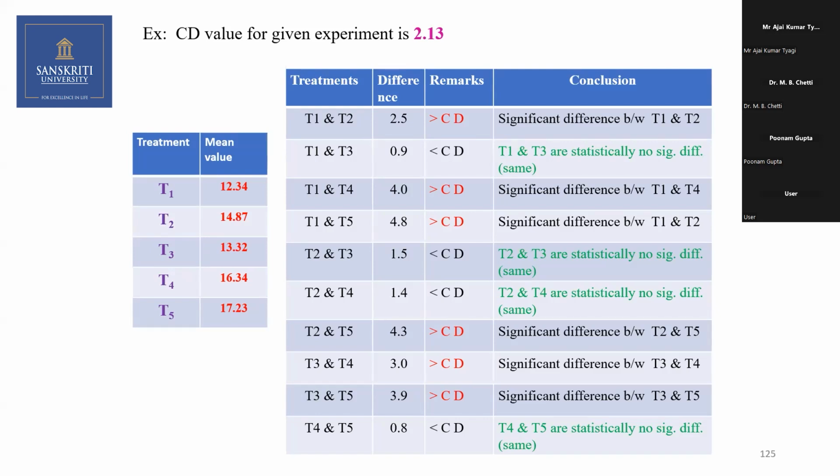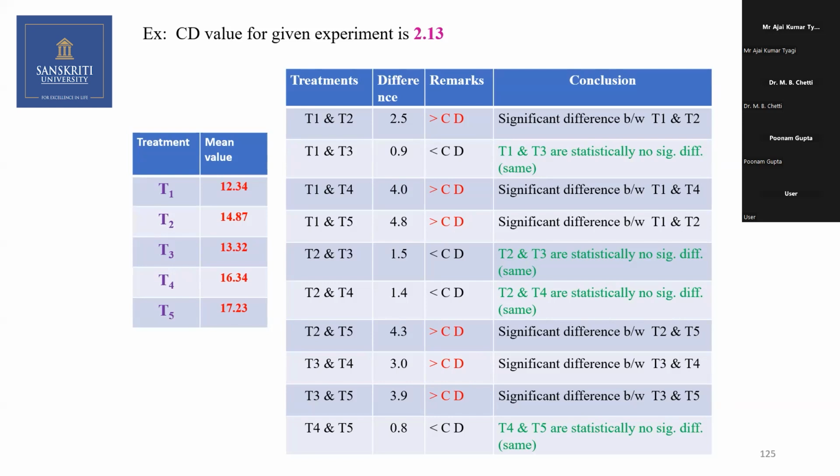Only T1 differs from T2, T1 differs from T4, T1 differs from T5. But T1 and T3 are on par with each other. Similarly, T2 and T3 are on par with each other. They are not statistically significant. Whatever difference is there is just due to chance factor. Similarly, T2 and T4 are also on par with each other.